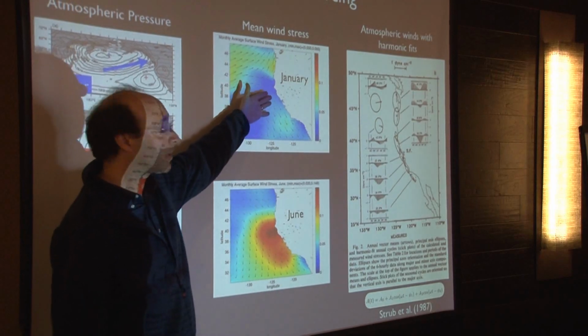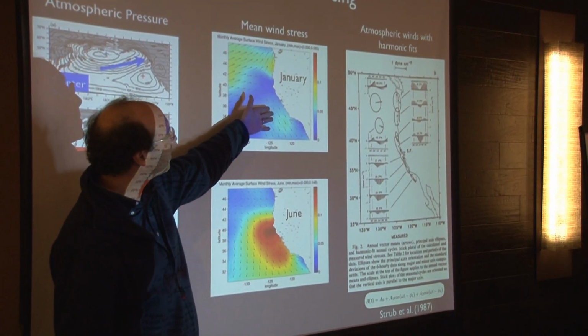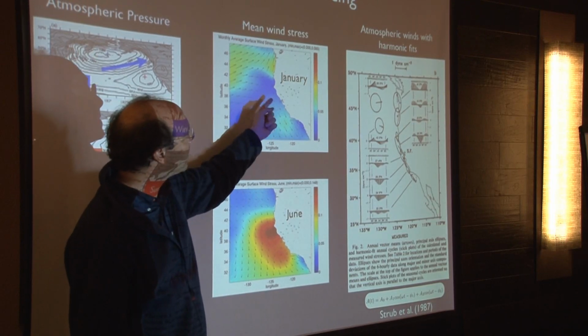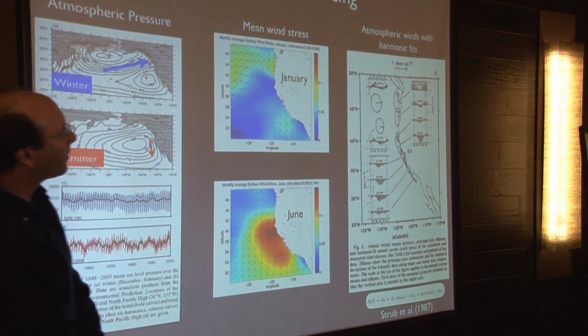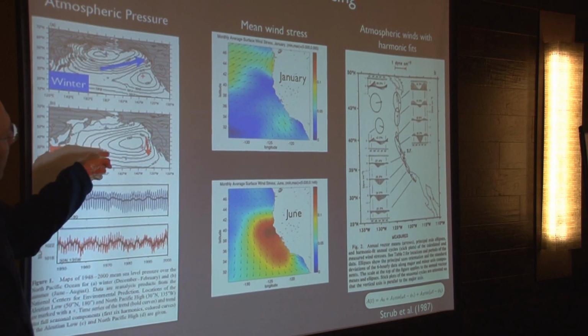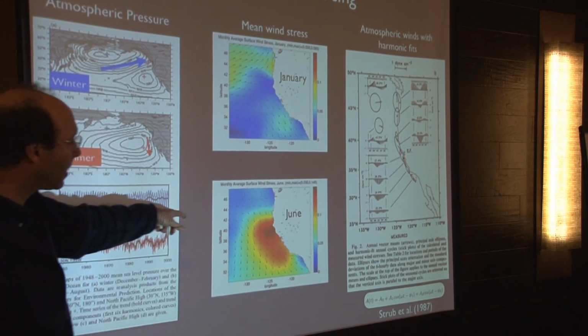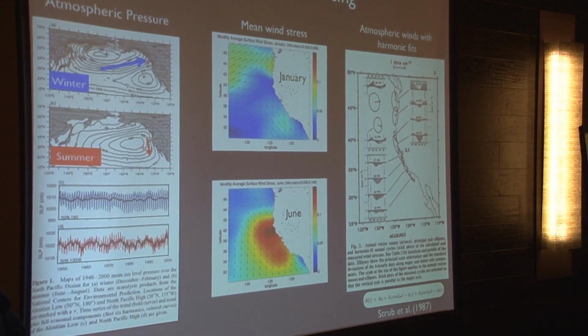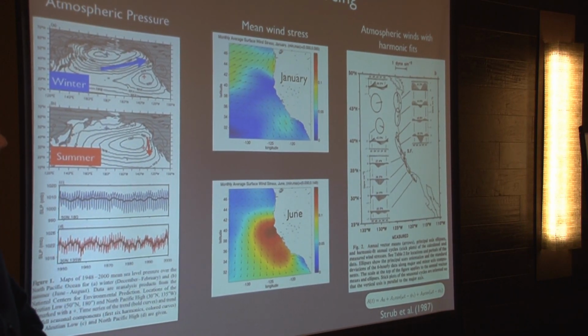Off of the central California coast, we have upwelling favorable winds, but the amplitude is quite weak, actually. So the color scale on here is the amplitude, and you can see it's at the low end of this color bar. Whereas in summertime, as this North Pacific High sets up, we really have intense upwelling, particularly off the north-central part of the central California coast.